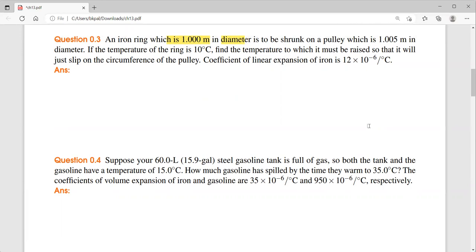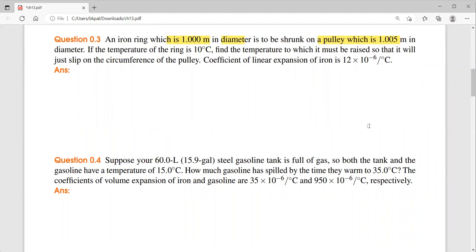This is to be shrunk on a pulley, and we have another pulley whose diameter is 1.005 meters. So we have one ring whose diameter is 1 meter and the pulley's diameter is 1.005 meters.